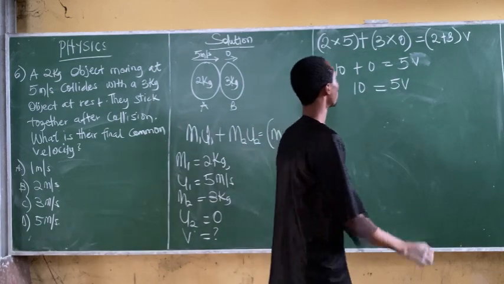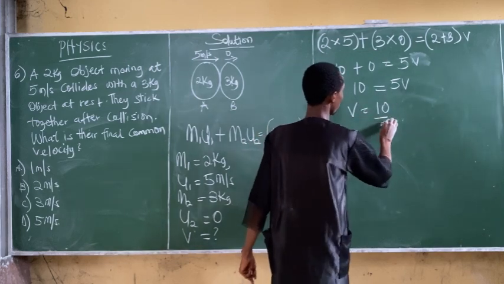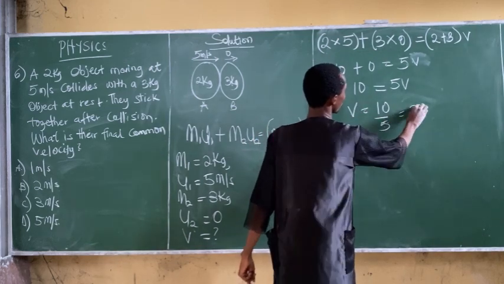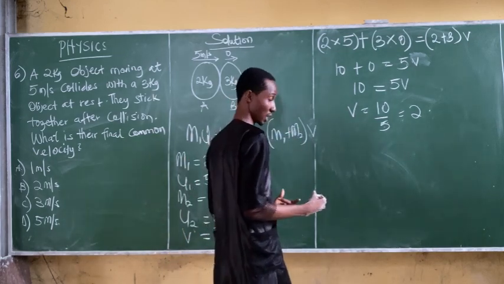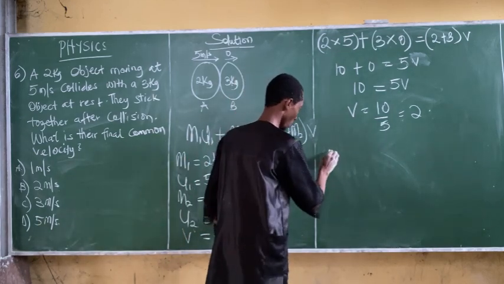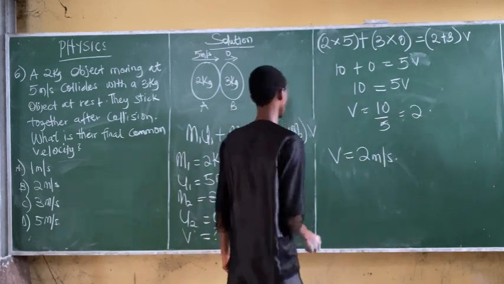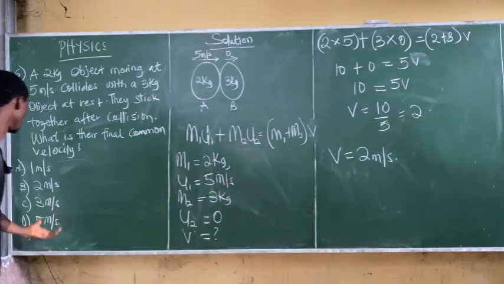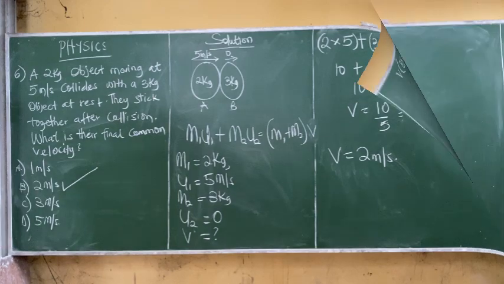If we make v the subject of the formula, we have v is equal to 10 over 5. 10 divided by 5 will give us 2. Don't forget the final velocity. The SI unit for velocity is meters per second. So we have v to be 2 meters per second. From these options, the correct option is option B, with 2 meters per second.